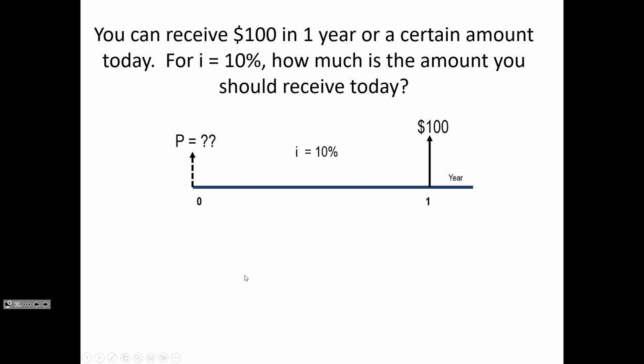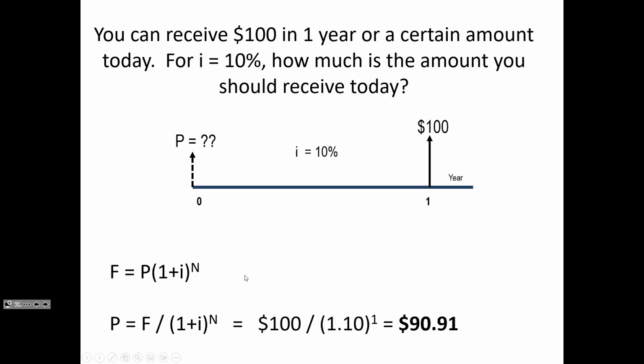But if you did that kind of mental approach without using the formula, then you would miss out on the fact that, remember, future is present times 1 plus i to the n. So if it's 1.1 to the first power, and we have the future value of 100, and it's the present value we're trying to find, then P is 100 divided by 1.1, which isn't the same as 10% off.